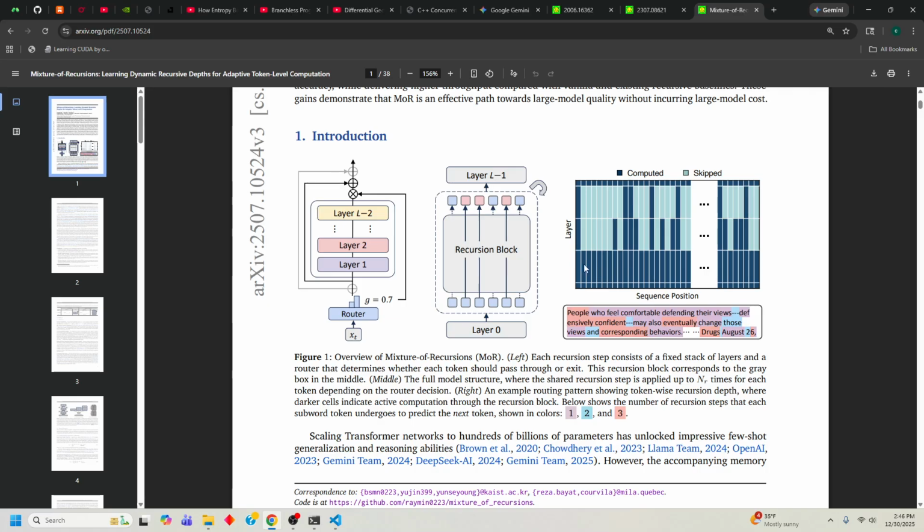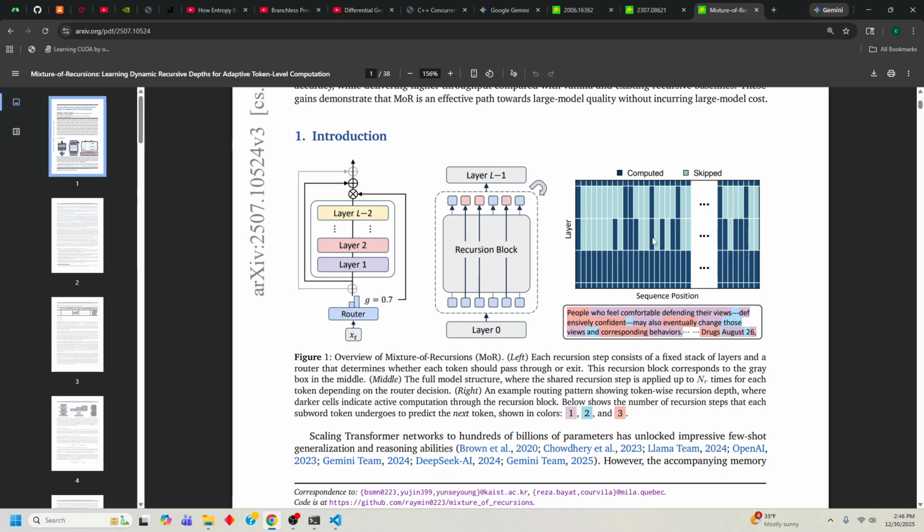But with a dynamic router, there are a couple of different ways that they talk about doing this. These dark blue ones are the tokens that are going through each layer, or each recursion. So all tokens go through the first recursion.